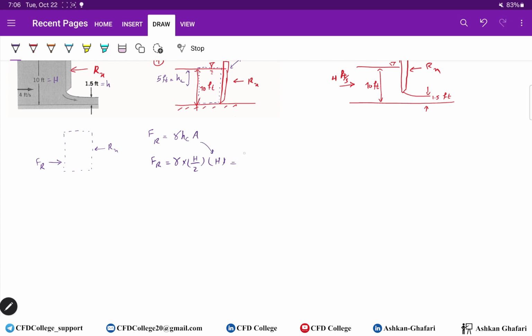And you know the values, 62.4 pounds per cubic foot. H is 10 divided by 2 feet, and h is 10 feet. So the force can be found as 3120 pounds per foot.